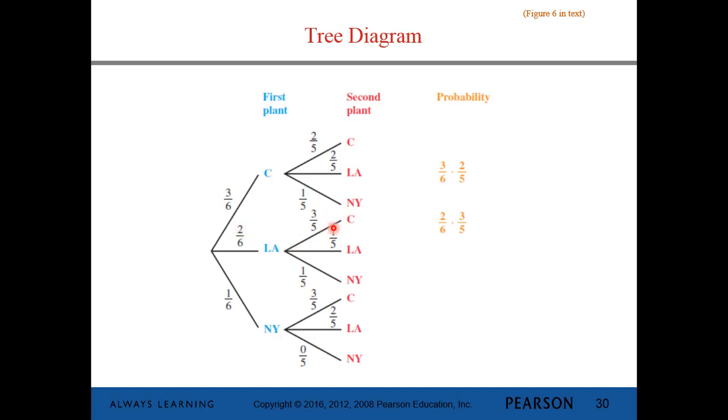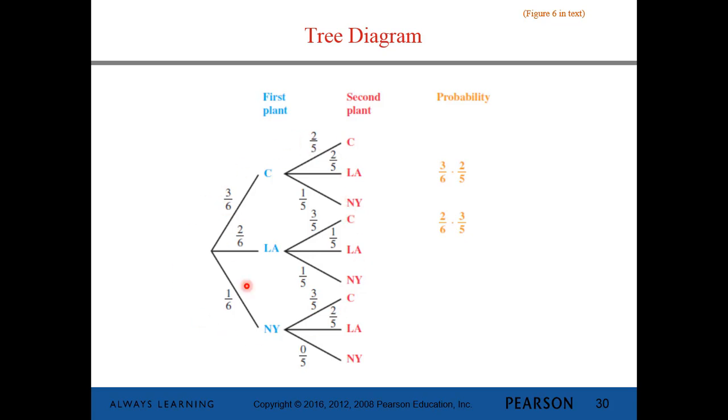Okay, so we have 1 out of 5 here, and then of course 1 out of 5 here from New York. And then similarly for New York, now it's going to be 0 out of 5 because if we chose the only one for New York, that means there's 0 left for the second choice. And so then there's 2 out of 5 here and 3 out of 5 here. And now we've got our tree diagram completely set up.